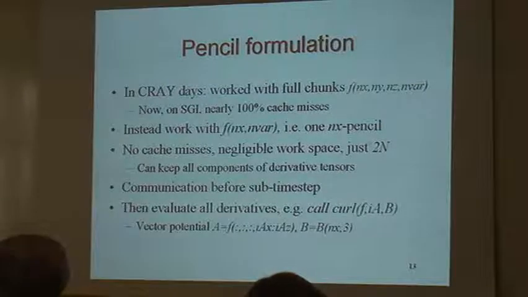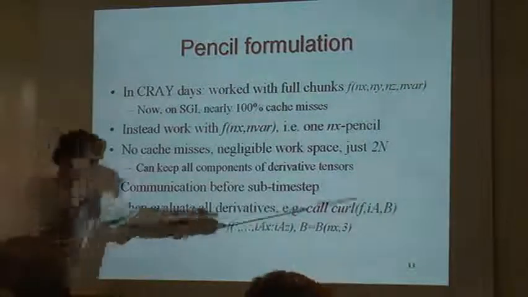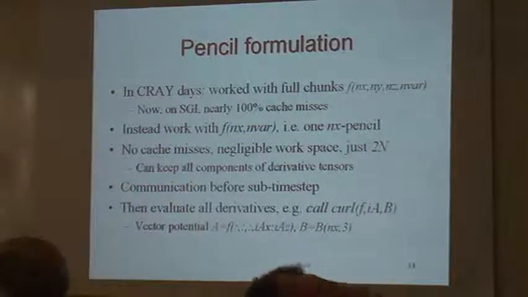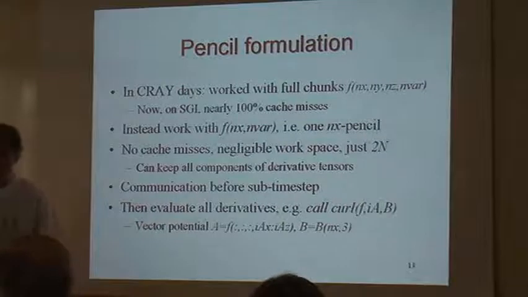Many of you may know this, and I just explained it briefly here. Of course, if you do a calculation of a curl, for example, or any derivatives, you have to access the full three-dimensional pencil, and that's done by the individual derivative routines.